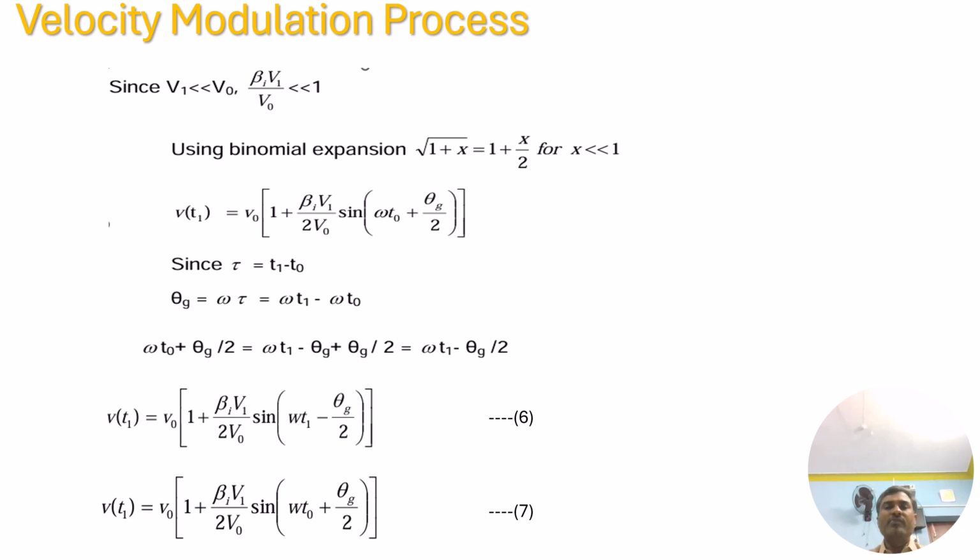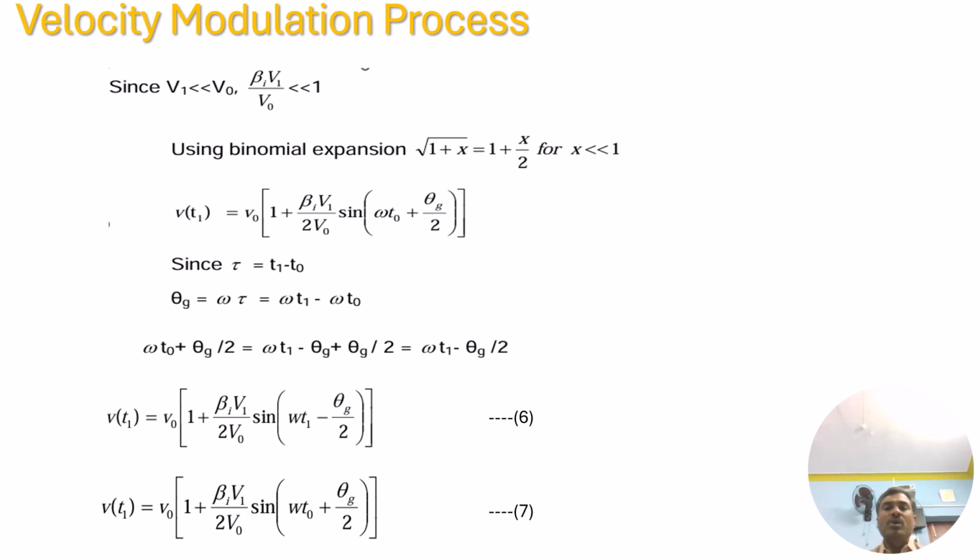The amplitude of the weak RF voltage is very small when compared to the DC voltage. The effective value of beta I V1 by V naught becomes very much smaller than 1. So by using binomial expansion, we can write root of 1 plus x as 1 plus x by 2. So finally, the velocity modulated expression can be obtained as v of t1 equal to V naught into 1 plus beta I V1 by 2 V naught sin omega t naught plus theta g by 2.